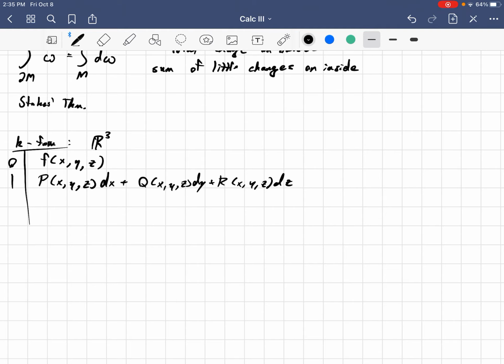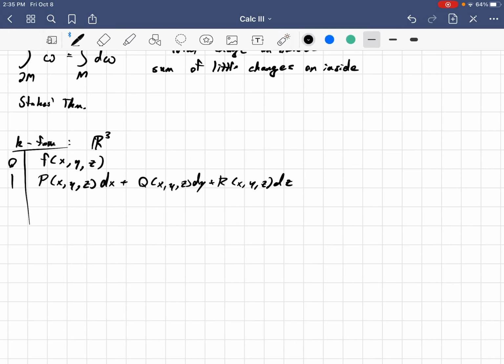We call it a 1-form because it has one differential, comprising the 3 axes in your space, attached to the functions. And it doesn't have to be x, y, z; it could be x1 to xn. I'm just dealing in R3 because that's what I'm going to use for later theorems.